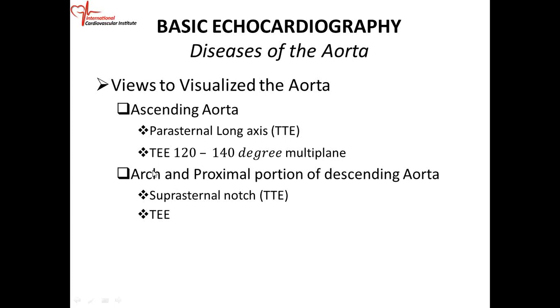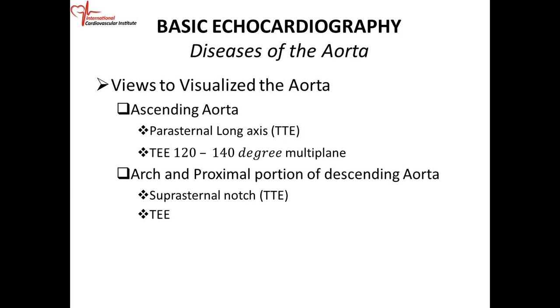In terms of looking at the aortic arch and the proximal portion of the descending aorta, you can use your transthoracic echo if you do your suprasternal notch view. With the suprasternal notch view, you can see a little portion of the ascending aorta, the arch, and a small portion of the descending aorta.